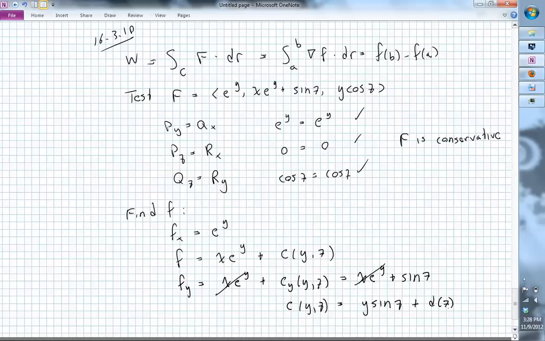Why not x also? Well, just remember the context you're working in. We said that this depended on y and z, so I don't have to worry about throwing in extra x dependence. So what we've now done is we've filled in even more of f. We've found this part of f, and we found this part of f, and there's one little piece of f left to determine.